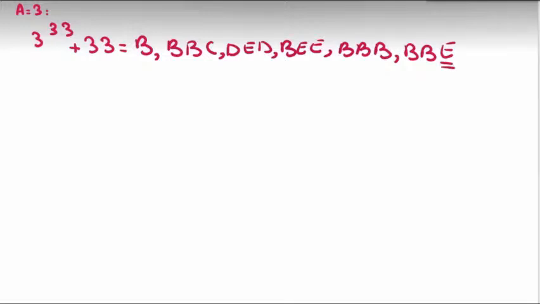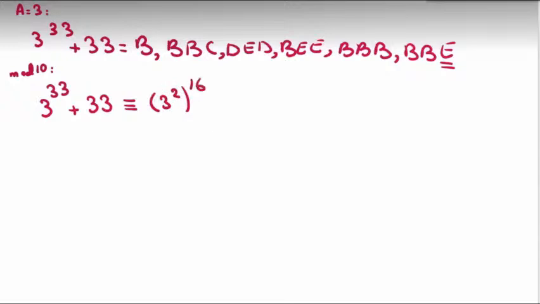Because it is the last digit, I consider mod 10. Look, I am considering different mods from here. First mod 10. 3 to the 33 is 3 squared to the power of 16 times 3, plus 33. So it will be 9 to the power of 16 times 3 plus 33.